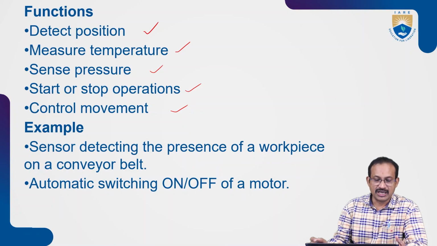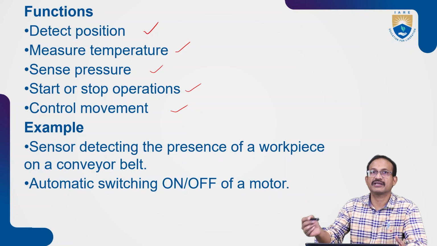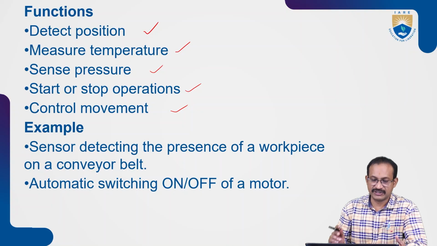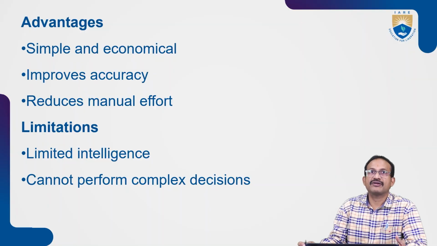Next, automatic switching on and off of a motor. Sometimes human intervention is required to switch a motor on and off, but in automated systems the motor itself should switch on and off automatically, like the compressor working in an air conditioner.